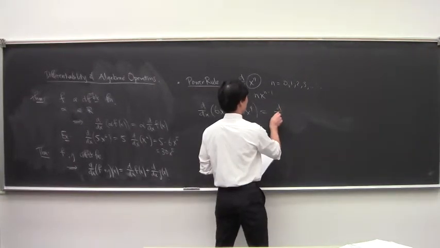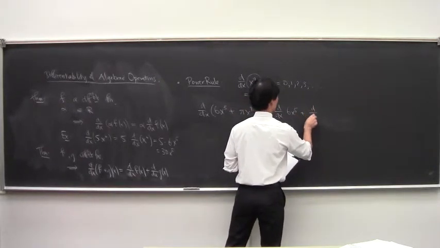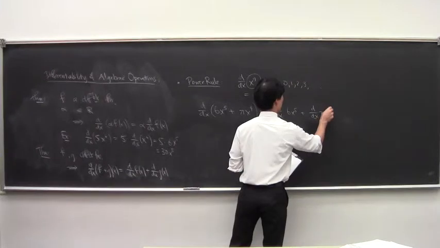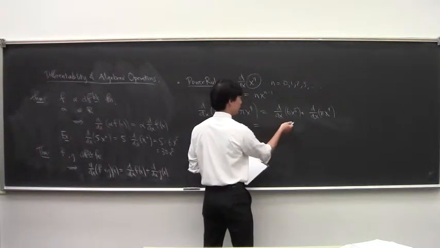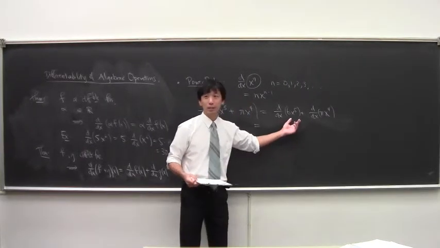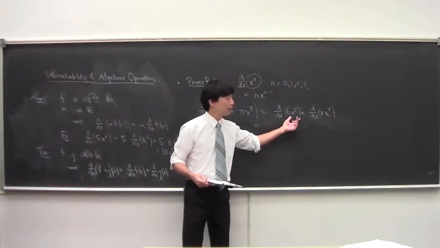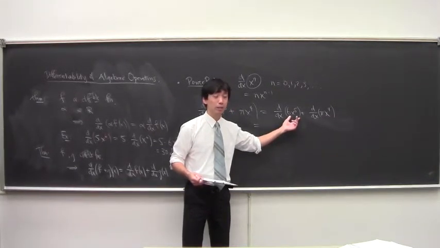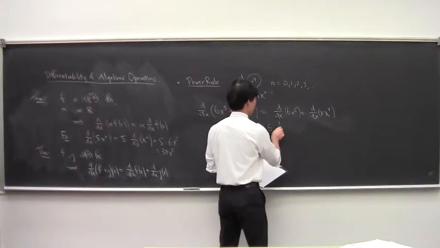So this would be this. And then what can you do at this point? Not the power rule. I'd rather use the scalar multiple rule, actually. Use the scalar multiple rule and pull out the scalars.